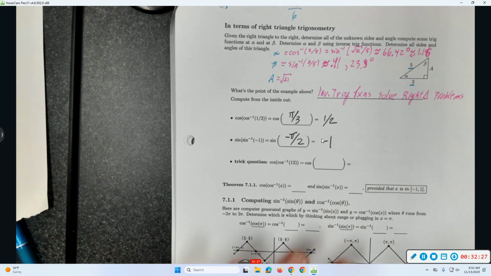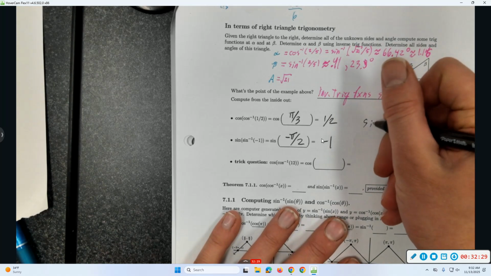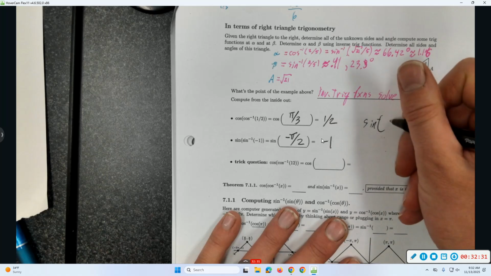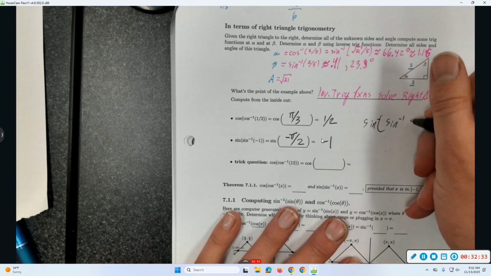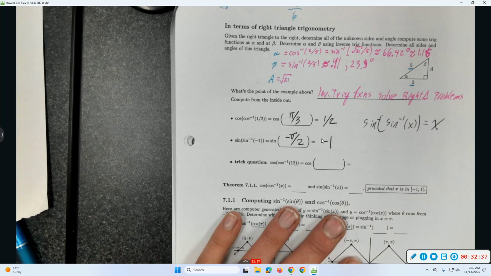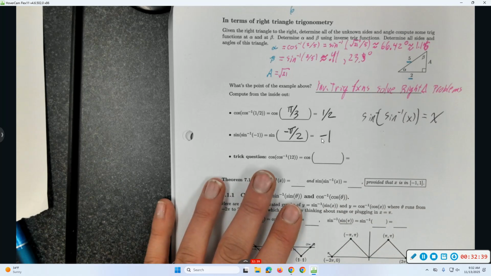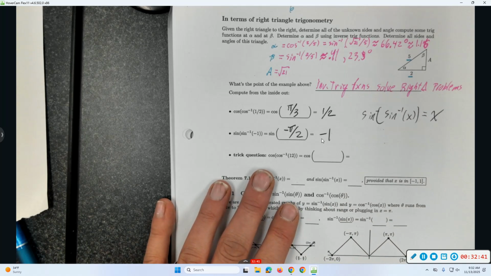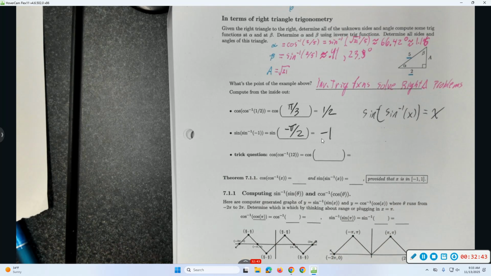So maybe you think to yourself, oh, that should mean that a trig function of the same trig function's inverse of an input should always be that same input. But let's see that failing. Suppose I ask you to compute cosine of the inverse cosine of 12. Let's start with inverse cosine of 12. What is the inverse cosine of 12?